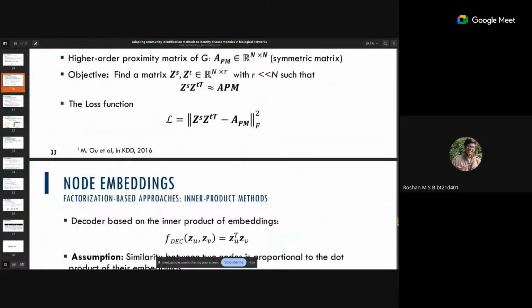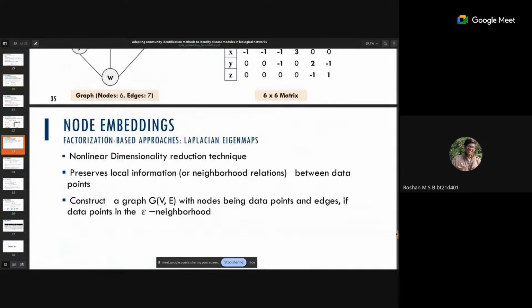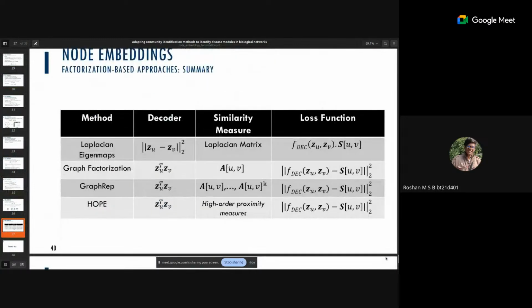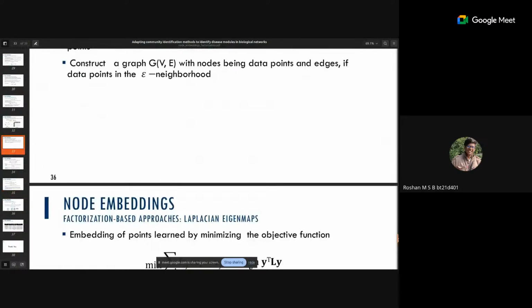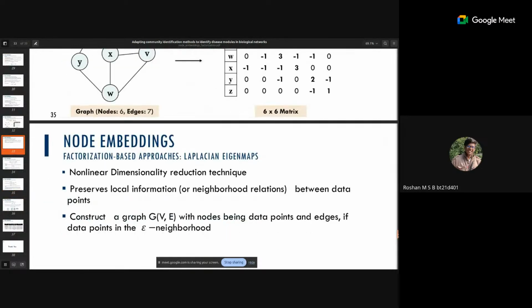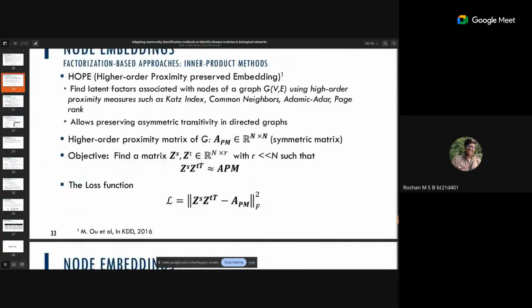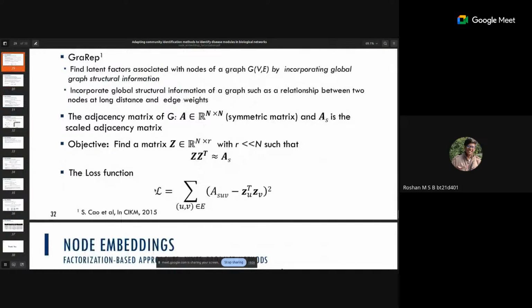Although all these might have a lot of different mathematical formulations, you just need to remember what your decoder is, what similarity measure is being used, and what the corresponding loss function is. You don't need to worry about how to do the optimization and update the parameters and so on. That is in itself a very separate topic, like how to use SGD and so on. But you just need to know how the objective function is determined.